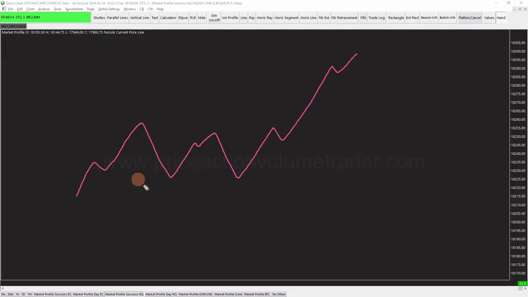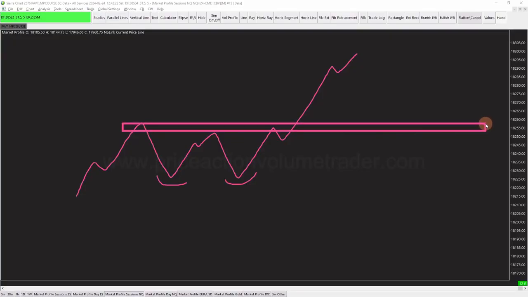We have a clear support level, and then we had a breakout here. So we have this area of resistance that was broken. We see this and we're like, oh, if this pulls back here, this is going to be an excellent level to get long.